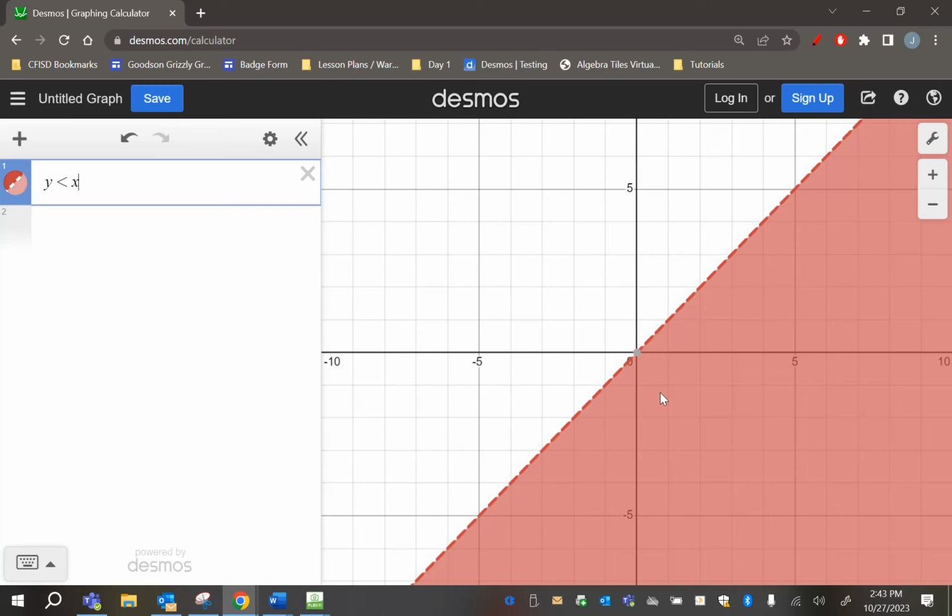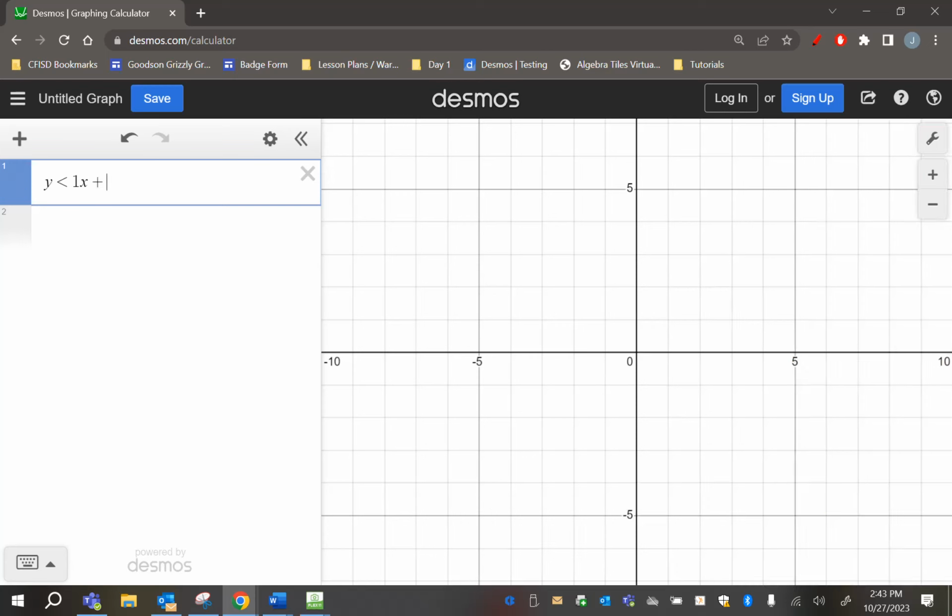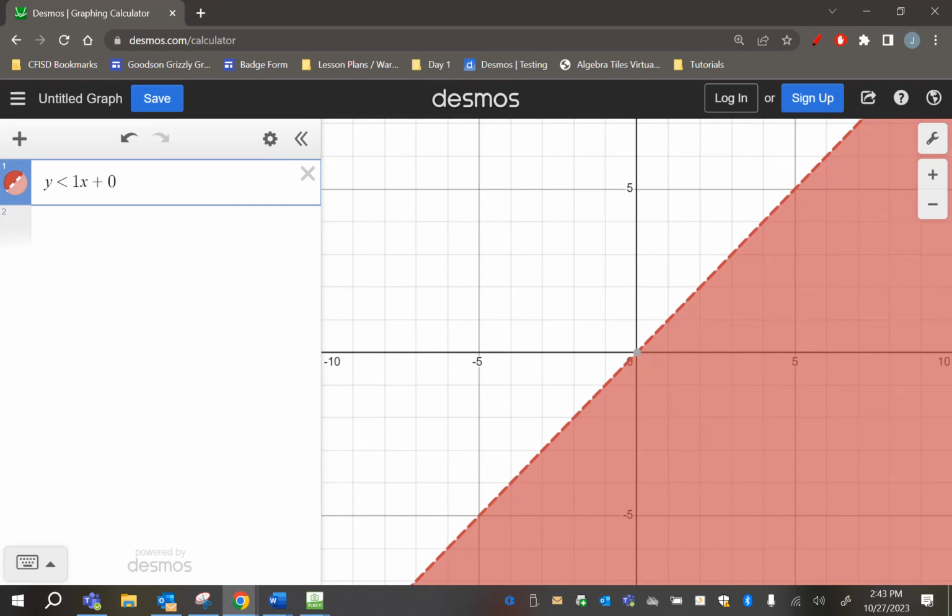So if the y value is less than x, all of my solutions are the places that satisfy this inequality. Or in other words, the places on the graph where the y value is less than the x value. Essentially what you have here is you're comparing the y value that you plug in to the x value that you plug in. And right now, it just happens that the slope of this line is 1 and the y-intercept of this line is 0.